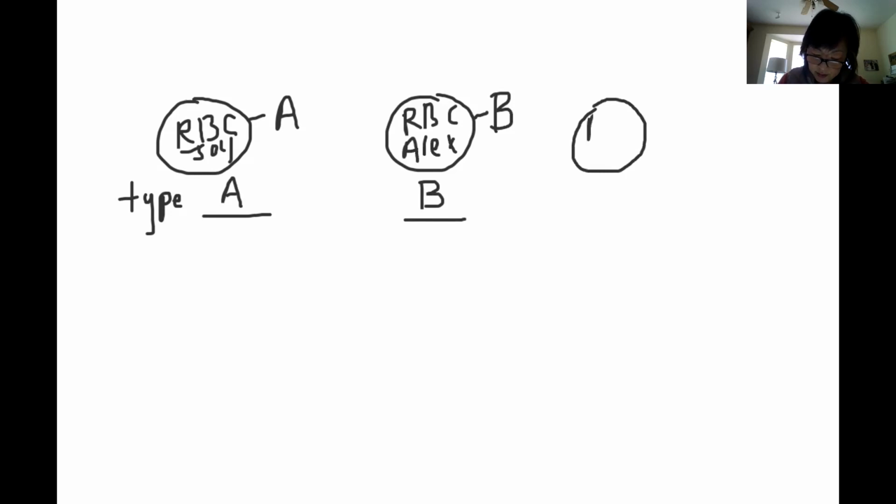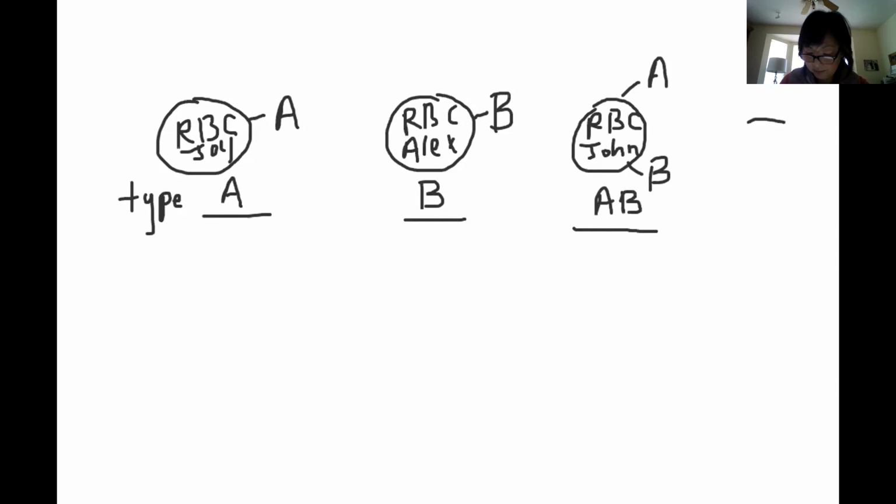Then the third person, RBC here. Let's say this is John. On this person's RBC, it has both antigen A and antigen B. So what blood type is that? AB, very good. The last one, RBC here.